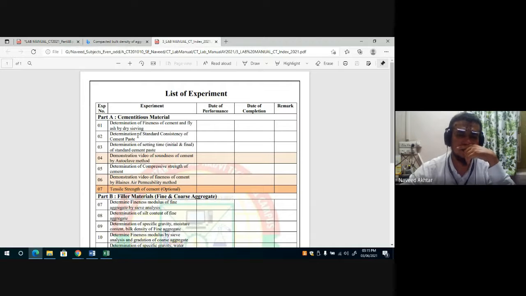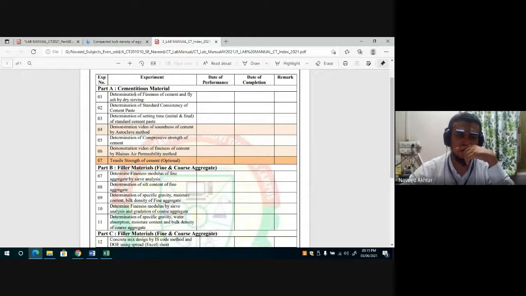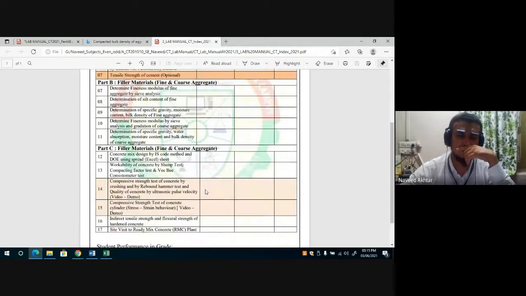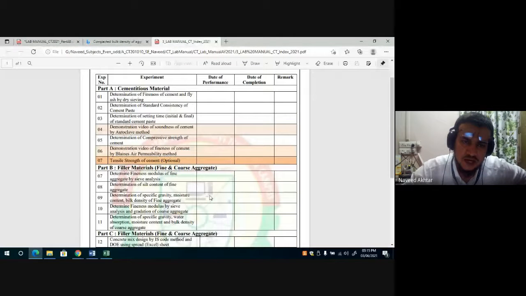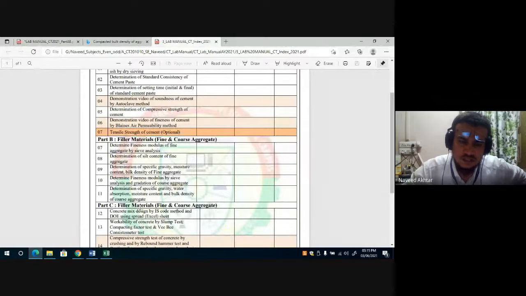And the cementitious material and filler material will come in quiz number 1. Then mix design, workability, compressive strength, and other tests will come in part C. This will come in quiz 2. So quiz 1 is based on the cement and aggregate, and quiz 2 is based on your concrete.